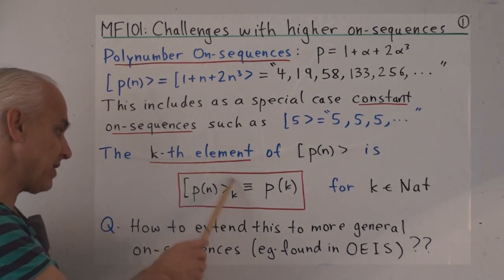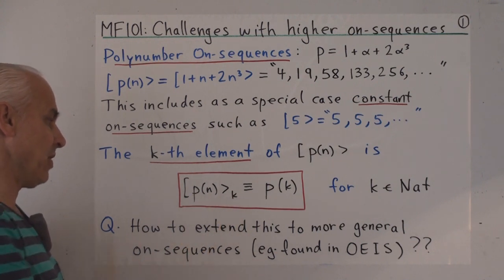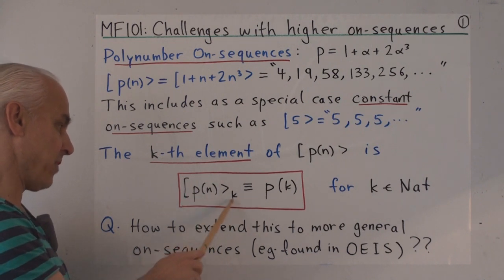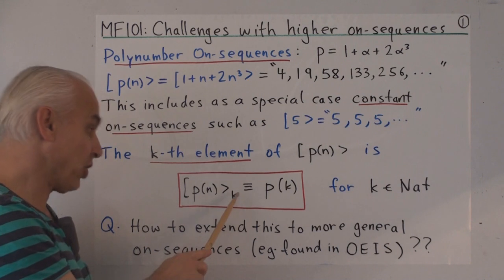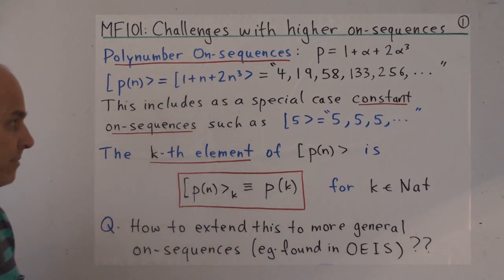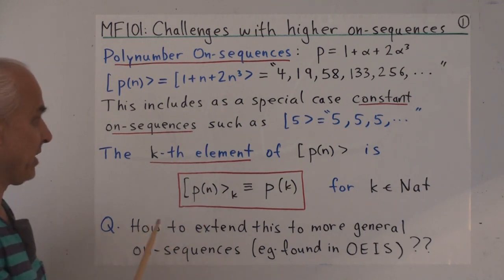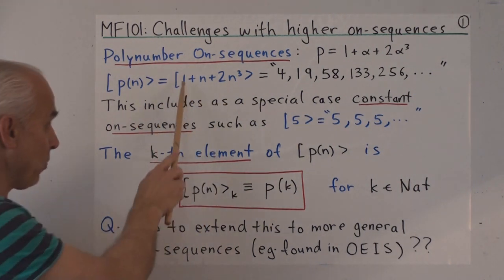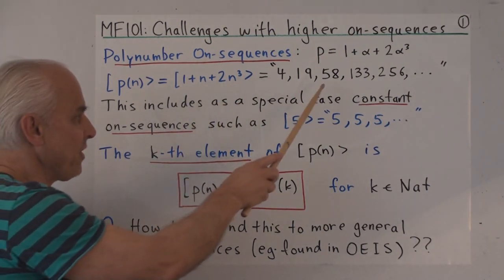We agreed that the kth element of the on sequence p of n is by definition p of k, what you get when you replace the n with the particular natural number k. So for example, in this case, the third element is what you get when you replace the n with 3. You get 1 plus 3 plus 2 times 27, which I think is 58.